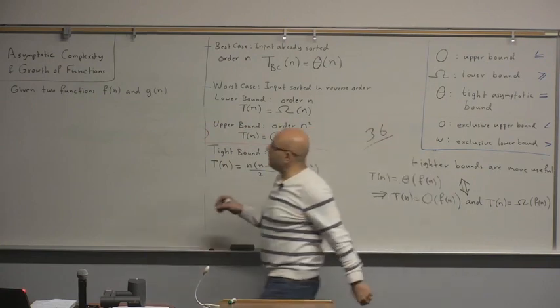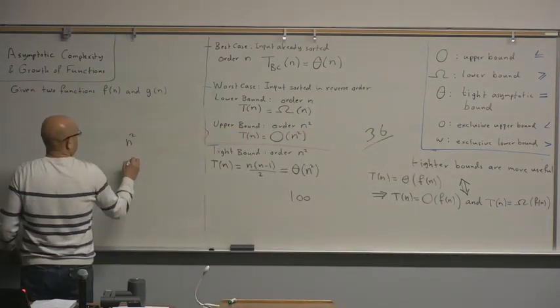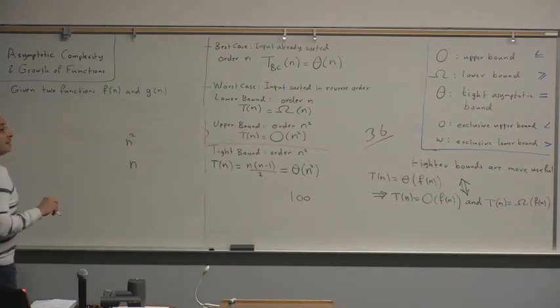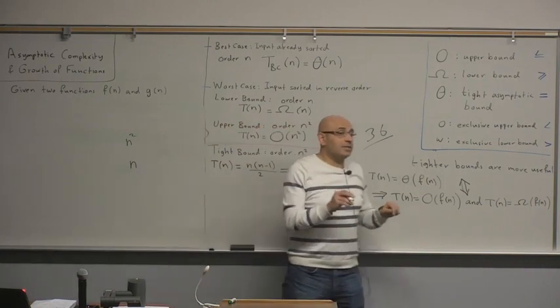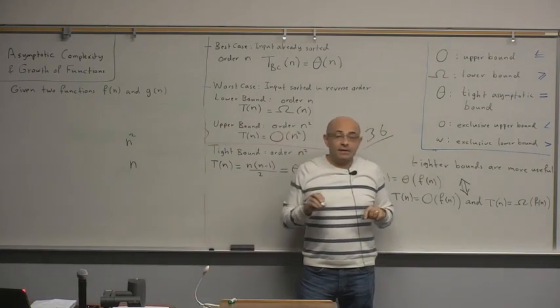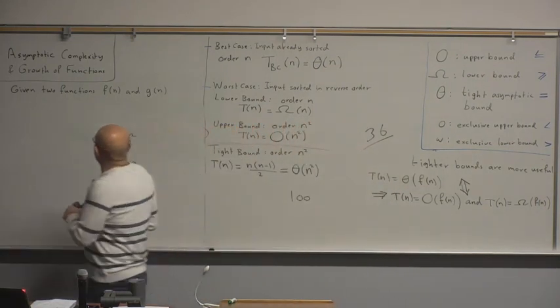Like I'm comparing n squared and n. You divide one by the other. Yeah, exactly. So you take the limit of the ratio. If you take the limit of the ratio as n goes to infinity, then that will tell you the asymptotic relation between the two.